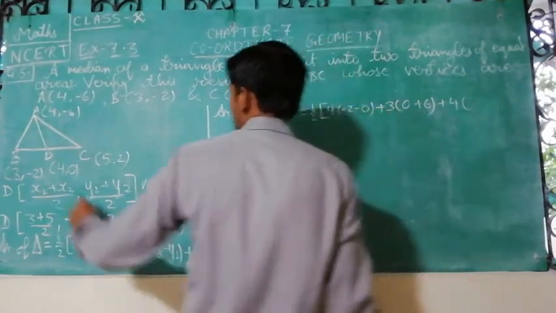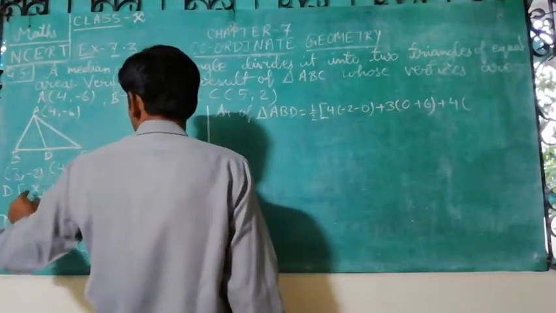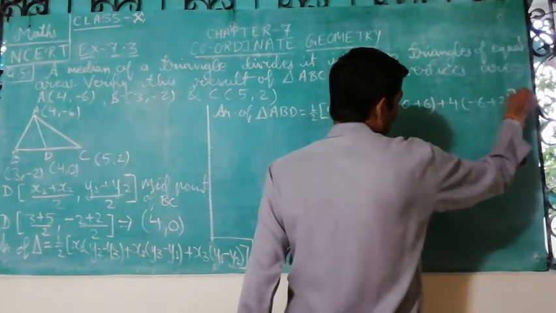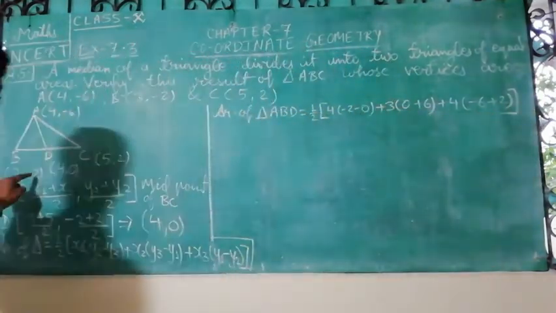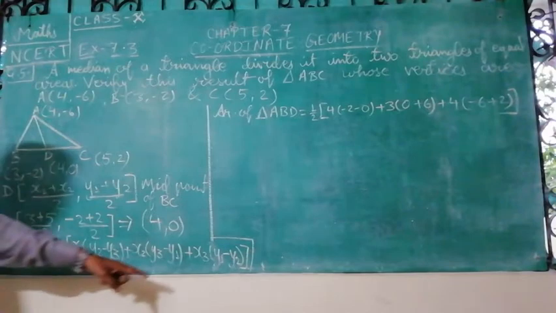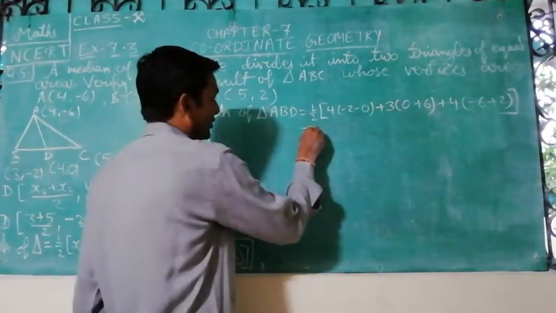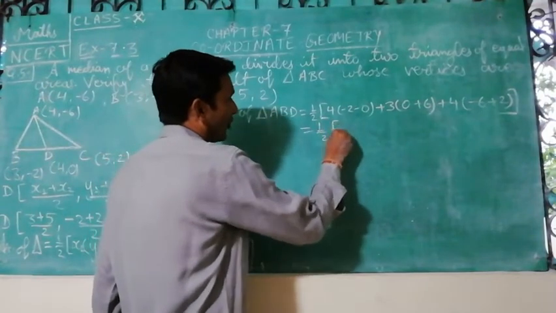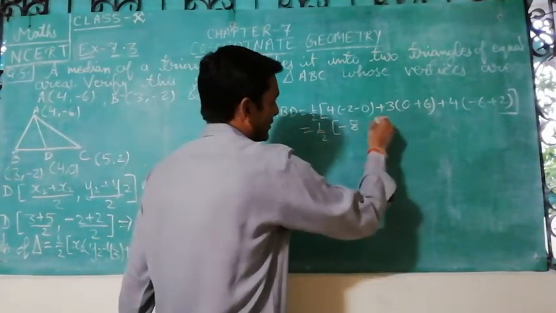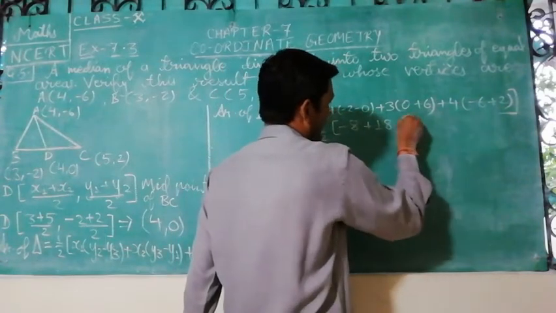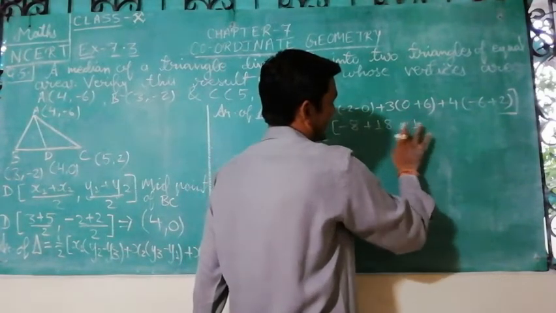y1 minus y2 means minus 6 plus 2, because that negative 2 will be converted into positive 2, because here it is minus sign and in formula also it is minus sign. So minus into minus will become plus. So it will be equal to half. 4 into minus 2 is minus 8, and 3 into 6 is 18, and 4 into 4 is minus 16.